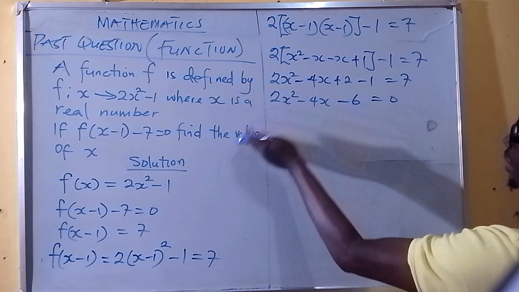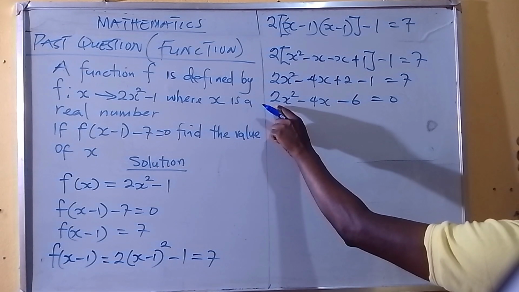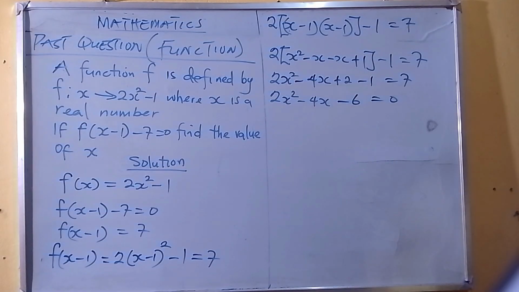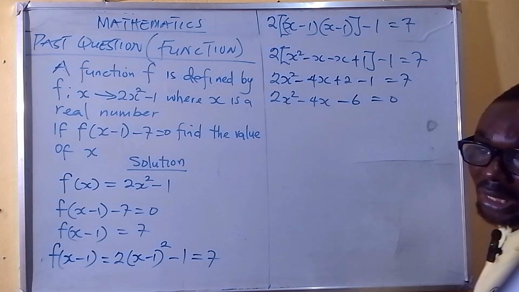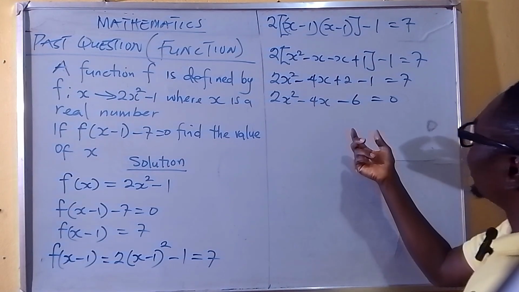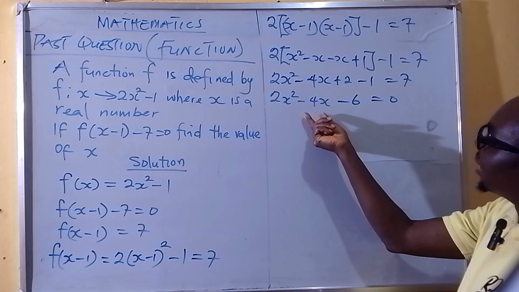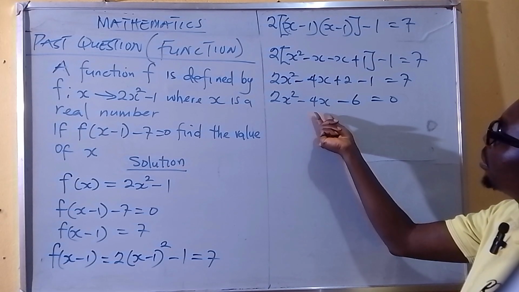So here, let's factorize. To factorize it, 2 times minus 6 is minus 12. So we are looking for two numbers such that when you multiply those two numbers, it will give you minus 12, and when you add the numbers, it will give you minus 4.